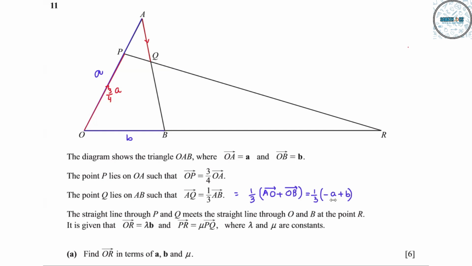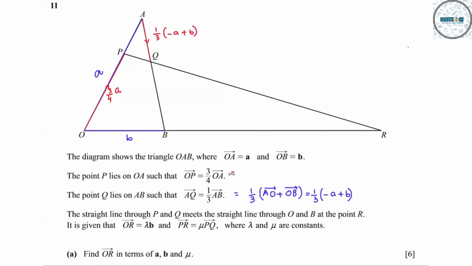So we have to consider here minus a, and OB is the same as was given in the question, so we have taken it as positive. So AQ is equal to 1/3 of AB, so this is 1/3 of minus a plus b.